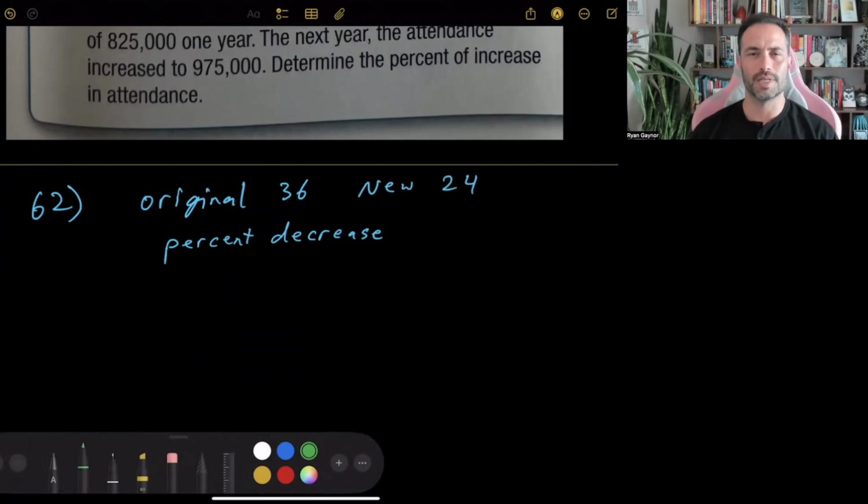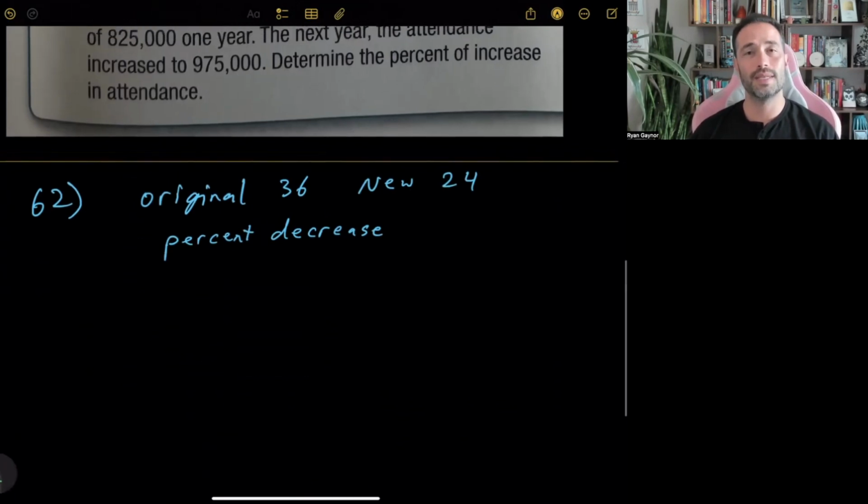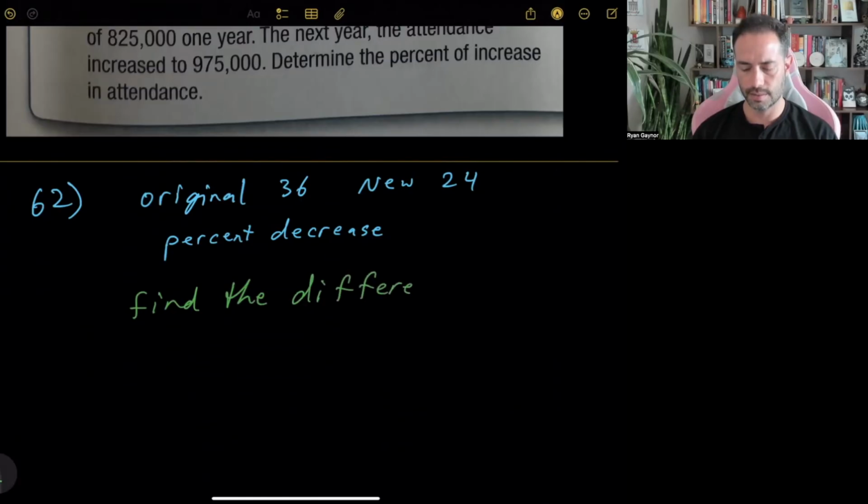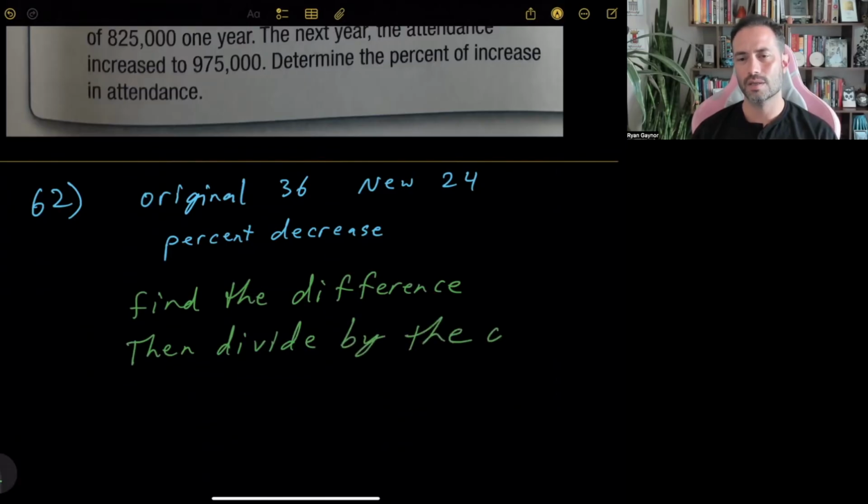So here's the formula. You find the difference, and then you divide by the original. Okay? So, find the difference, meaning subtract them, and then divide by the original.